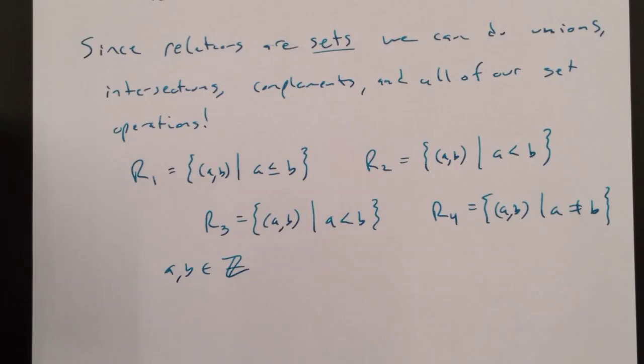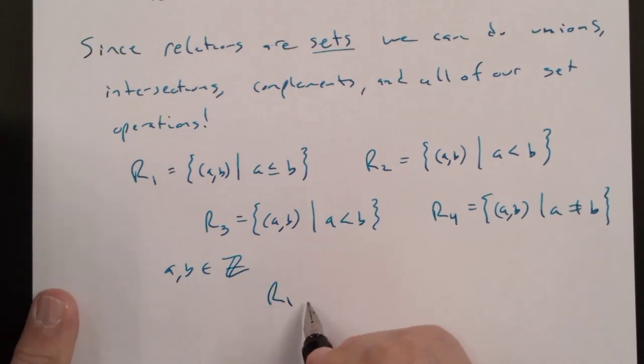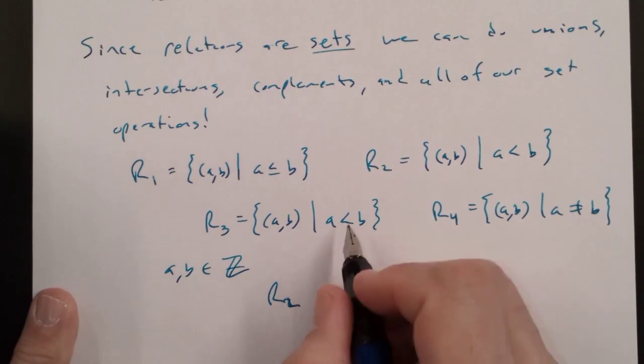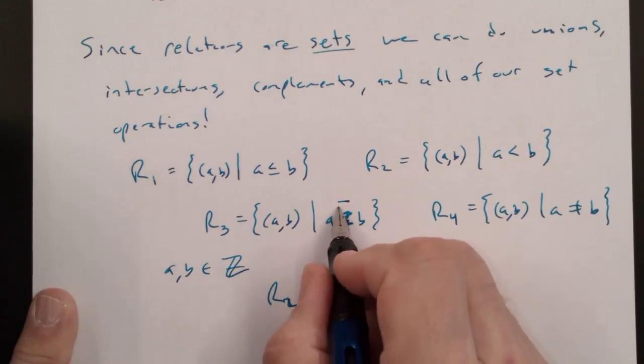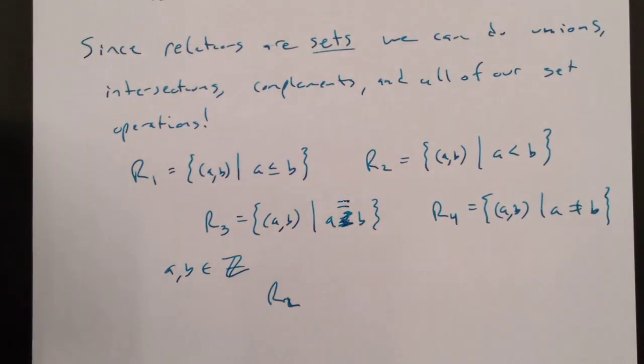I can think of adding as the union of two sets. R2, sorry, wait a minute, I wrote the same thing down twice. That should be an equal sign. R2 union R3 is R1. R2 is the less than, R3 is the equals, R1 is less than or equal.